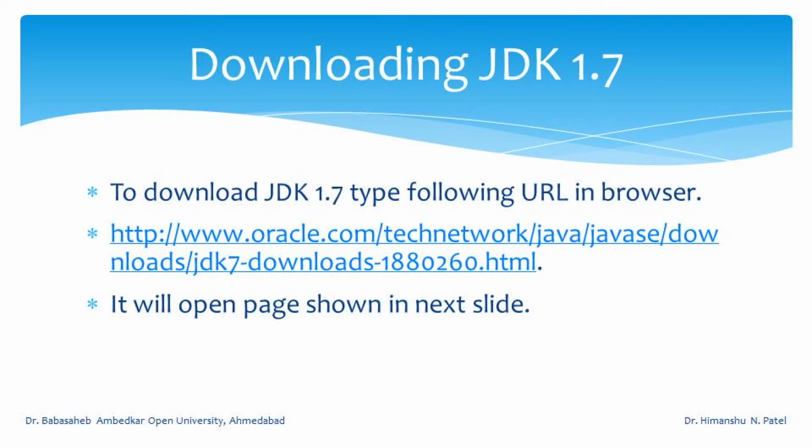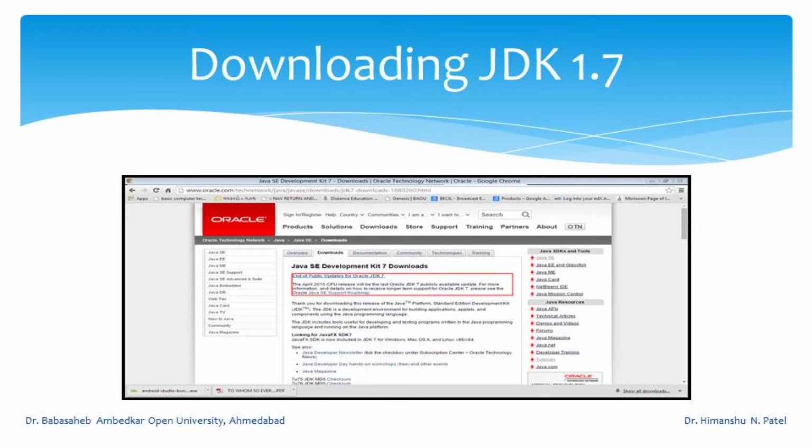In screen you can see this URL. You can type this URL in your browser, and when you press OK or go button, it will open the page for downloading JDK 1.7 that we show in next slide. So, this is the home page for downloading JDK.